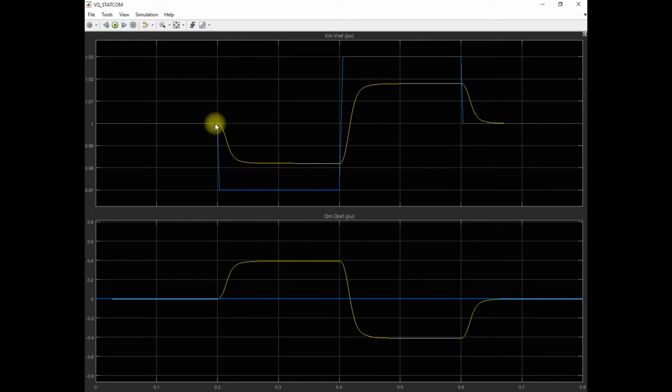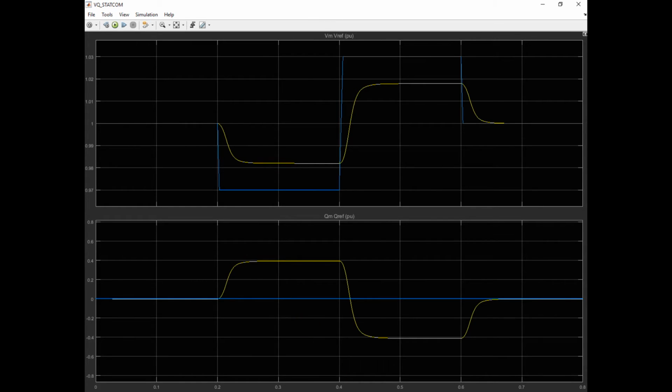Clear? So it takes 0.05 seconds to provide the complete compensation, because here you can see that reactive power increases gradually. Clear? So this time delay depends on the AC voltage gain of the STATCOM. If the voltage gain of the STATCOM is higher, then this response time is low.